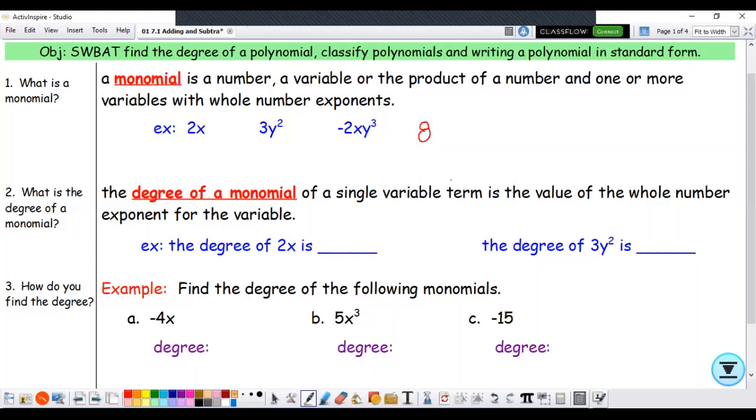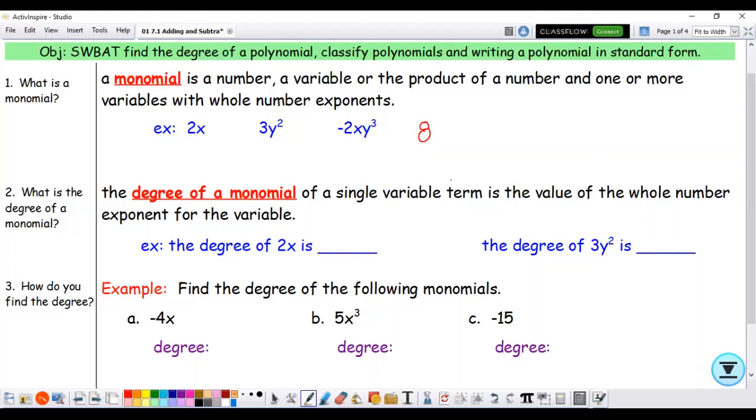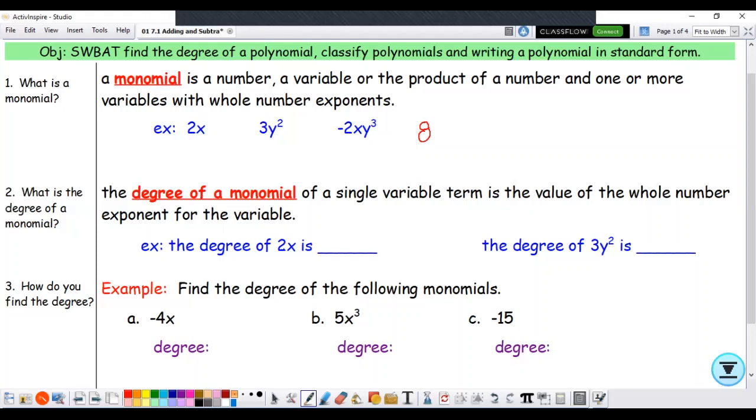The degree of a monomial of a single variable term, meaning that there's only one variable in the term, is the value of the whole number exponent for the variable. So for example, the degree of 2x: we would want to look at the exponent of the variable. I don't see an exponent right now on x.